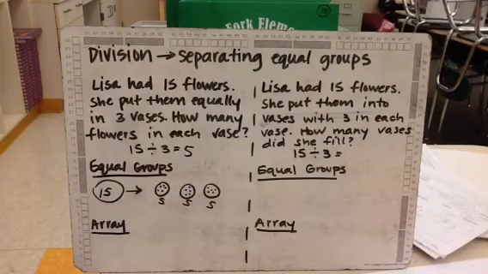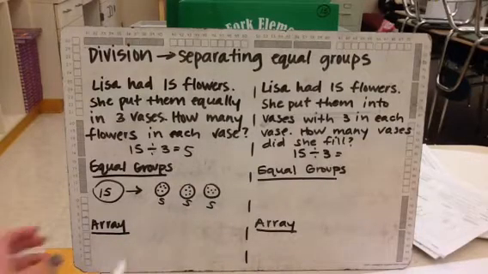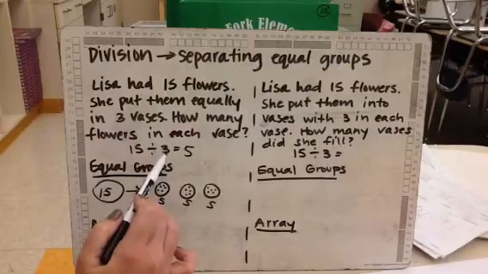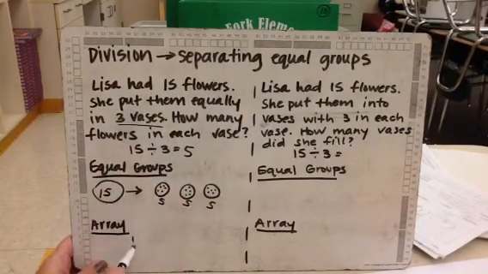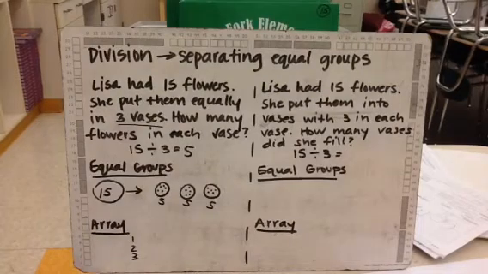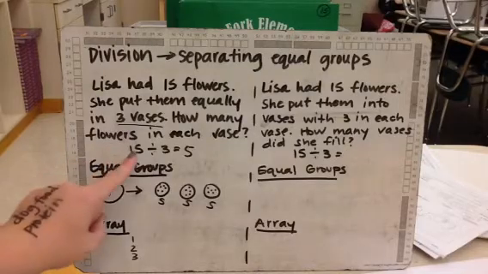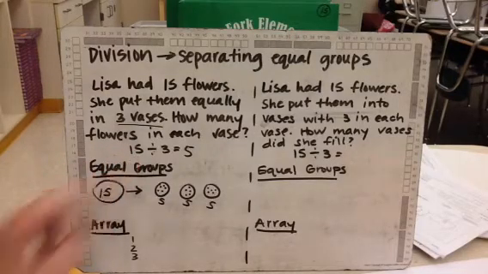Now let me show you that same strategy with an array. Since I know I'm putting it into 3 groups, 3 vases, I can say this is vase 1, vase 2, and vase 3. And now I'm just going to pass out 1 flower to each vase, stopping when I get to 15, my dividend, my total number of flowers.